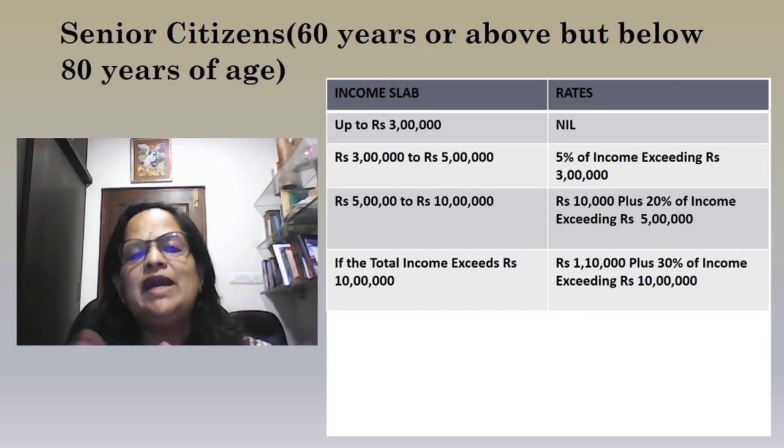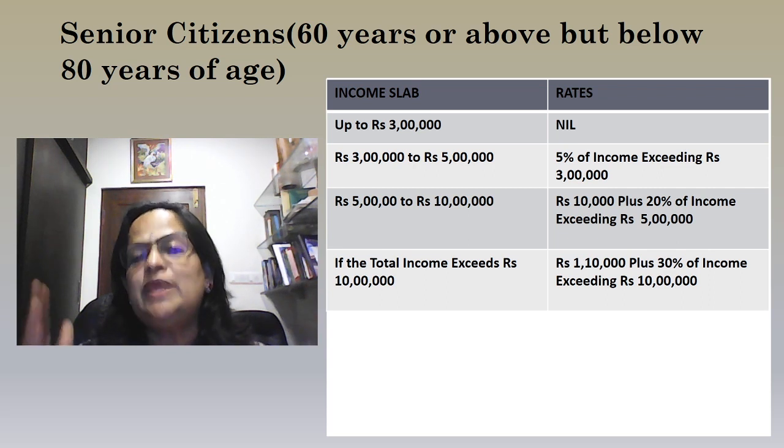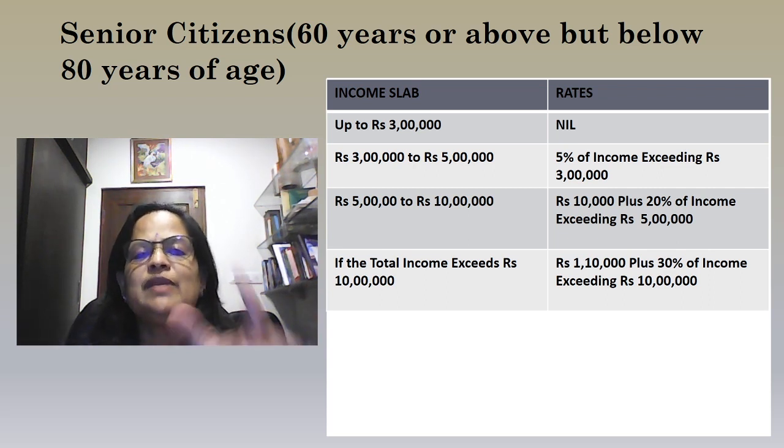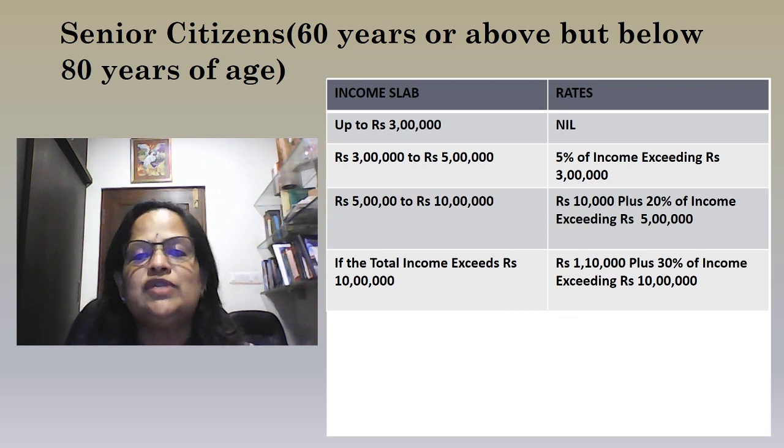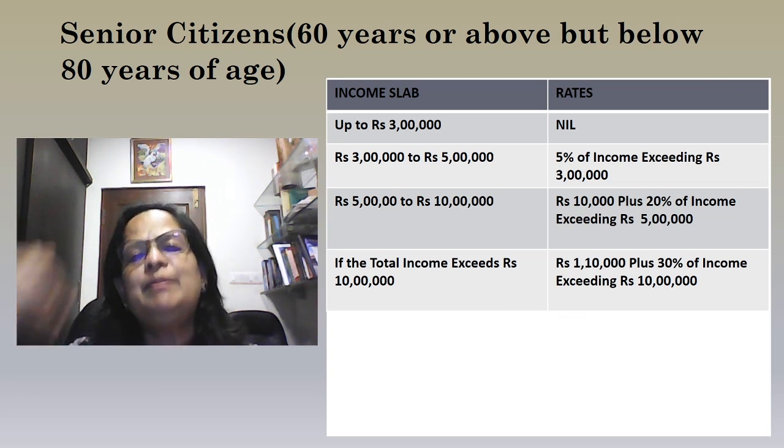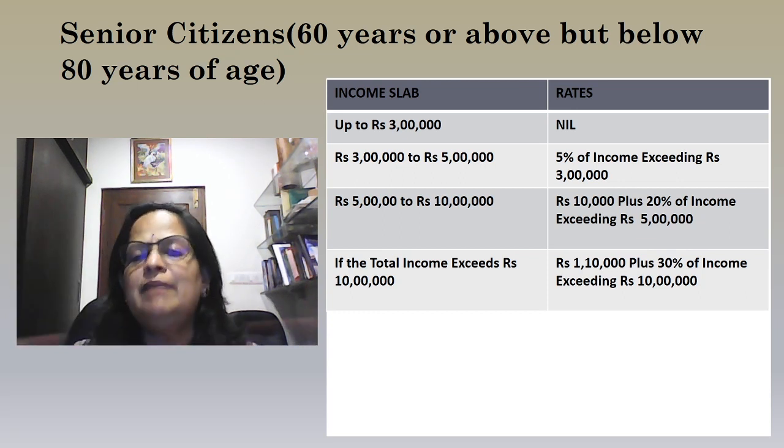Now 5 lakhs to 10 lakhs, 10,000 plus 20% of income exceeding 5 lakhs. You know how you are getting 10,000. See, 5 lakhs minus 3 lakhs, it's 2 lakhs. 2 lakhs into 5 by 100. It is 10,000. So the previous slab it's 10,000. Now when they come into the next slab, the previous slab tax liability 10,000 plus whatever is income in this slab, we have to calculate at the 20%.